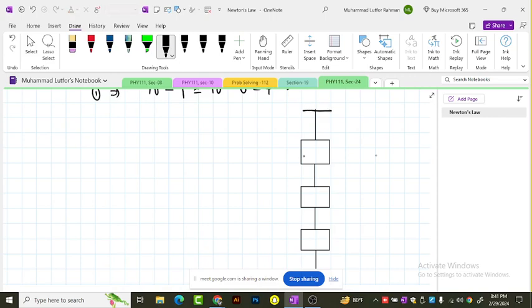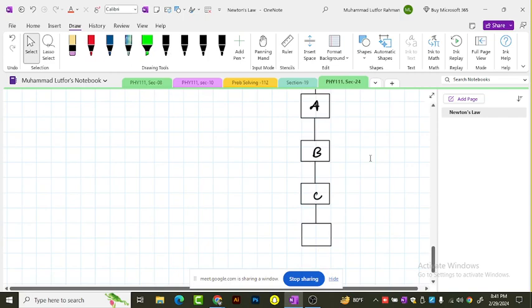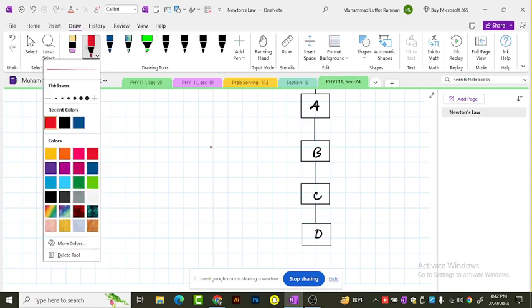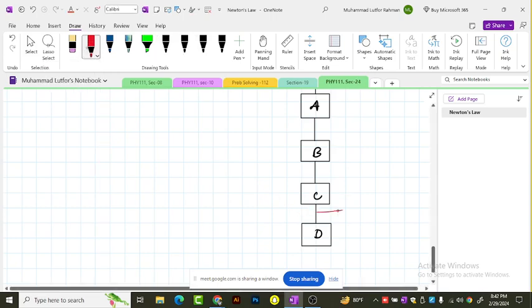I have these 4 blocks connected by 4 different strings. This is A, B, C, and let's say this is D, and each string has a different tension. Let's say the tension of this string is 9.8 Newton.